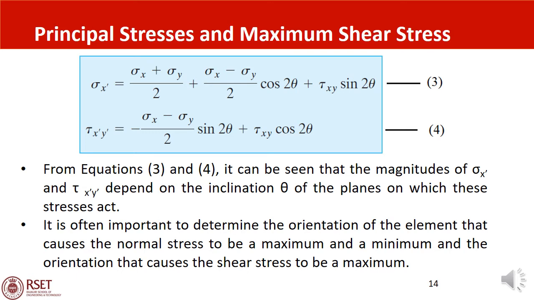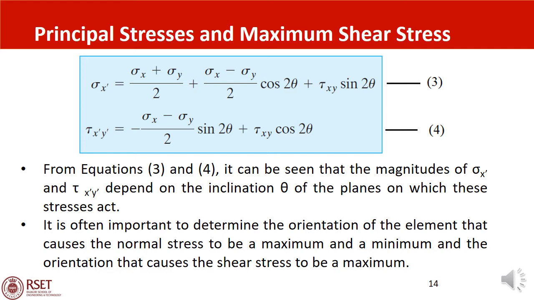Using equations 3 and 4, we can find the normal stress component sigma x dash and the shear stress component tau x dash y dash acting on any arbitrary plane at an angle theta from the original element. From these equations, it can be seen that the magnitudes of sigma x dash and tau x dash y dash depend on theta.